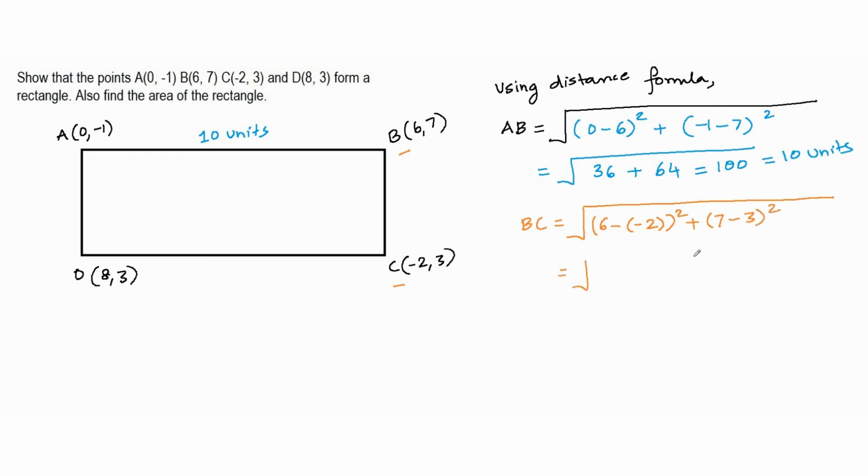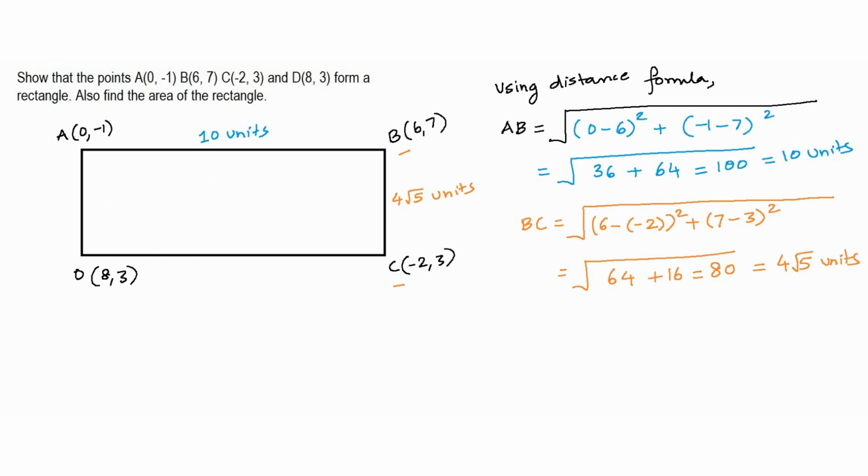So that becomes under root of 6 plus 2, 8 square is 64 plus 4 square is 16, and that is equal to root 80, and root 80 is 4 root 5 units, right? So this length is therefore 4 under root of 5 units.